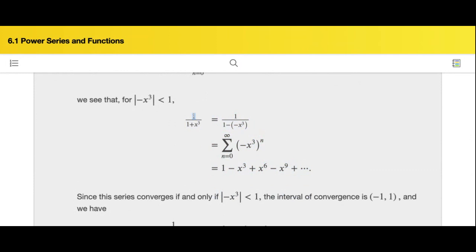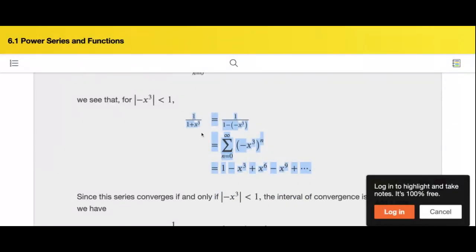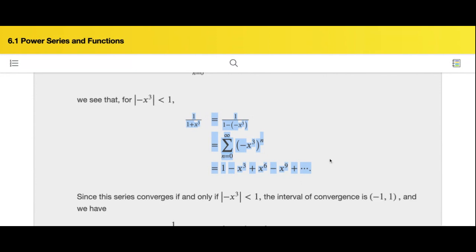You see this in the numerator? That's 1. That means our first term is 1. So we need to start with 0. So the second term would be negative x cubed. So when n equals 1, we get negative x cubed. When n equals 2, we get x raised to 6. So on and so forth.